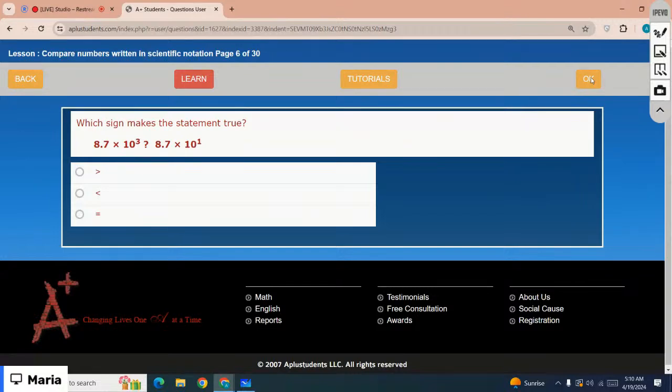Next, you have to compare 8.7 times 10 exponent 3 to 8.7 times 10 exponent 1. So which is the correct option?